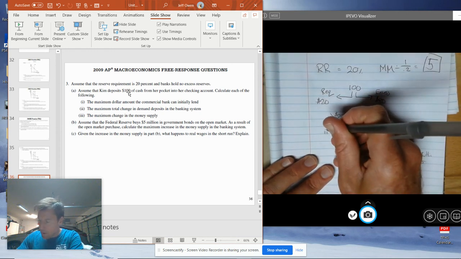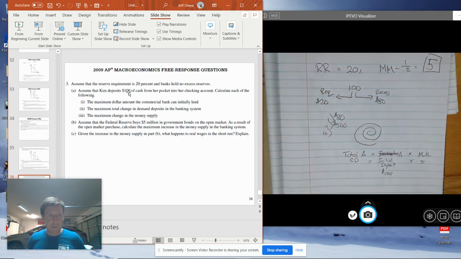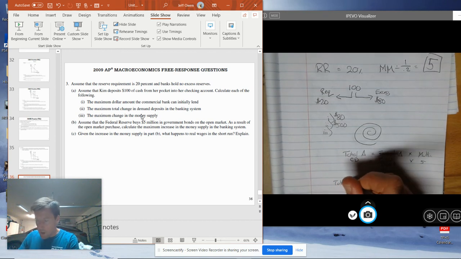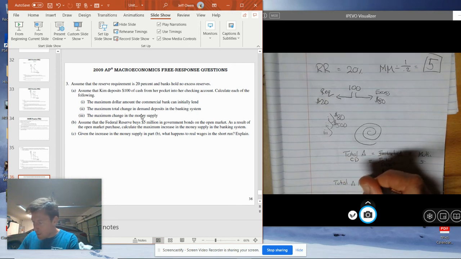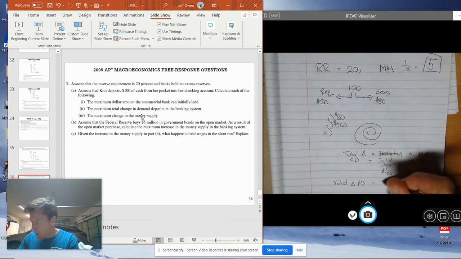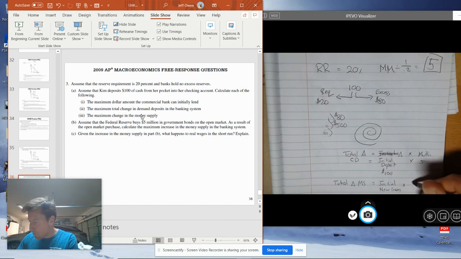That's different than our increase in the money supply, which is our last one, the maximum change in the money supply. With the maximum change in the money supply, if I want to know my total change in money supply, it's my initial new loans times my money multiplier.